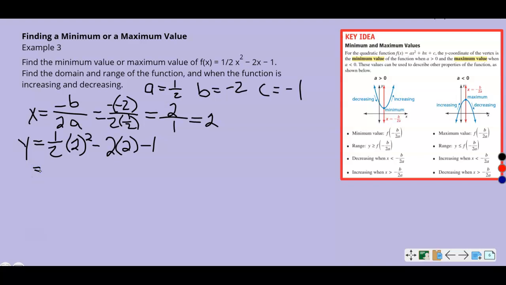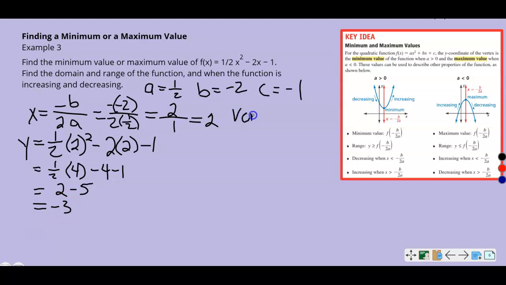Order of operations tells me to square this term first before I multiply. So I'm going to have 1/2 times 2 squared. 2 squared is 4. Minus 2 times 2, so that's -4, minus 1. Half of 4 is 2, minus 5. 2 minus 5 is -3. So I know that the y value of the vertex is -3.